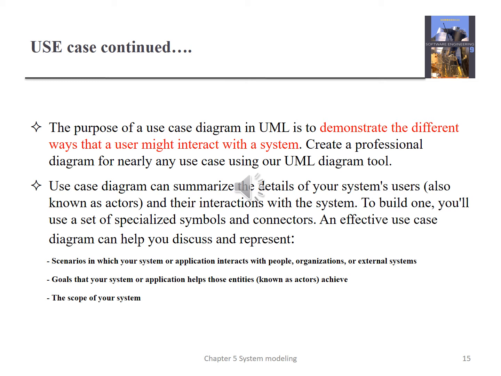A use case diagram can summarize the details of your system users, which we call actors, as we are going to see shortly, and their interaction with the system. To build one, you will use a set of specialized symbols and connectors. So we'll find the symbols and the notation there. An effective use case diagram can help you discuss and represent scenarios, goals, and the scope of your system.